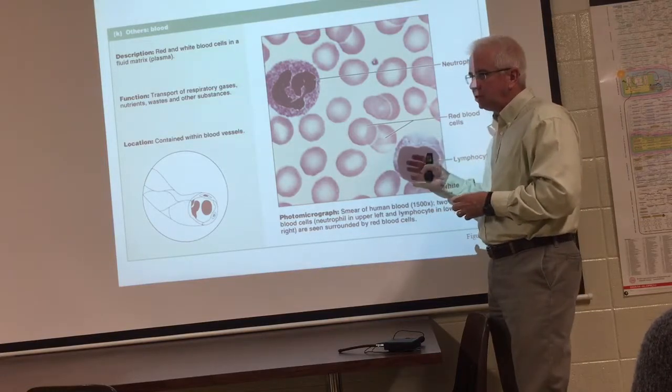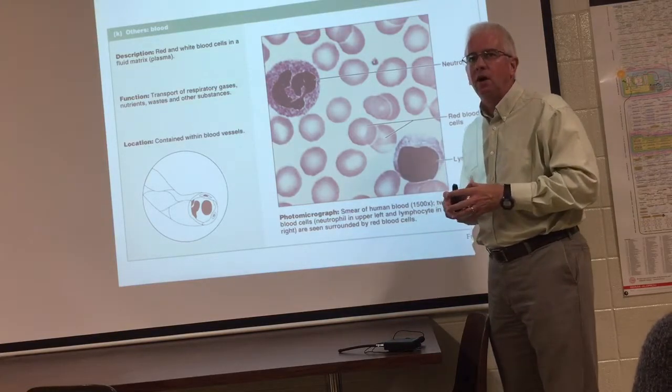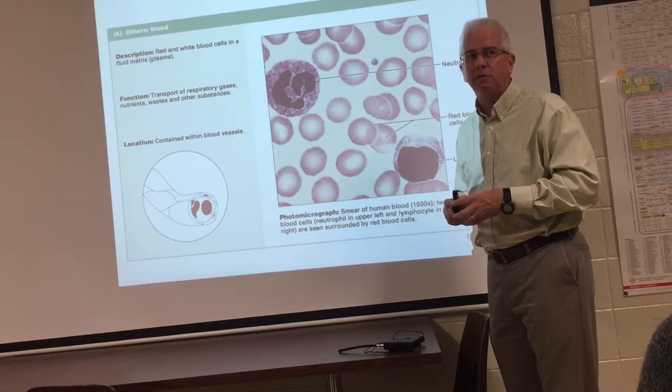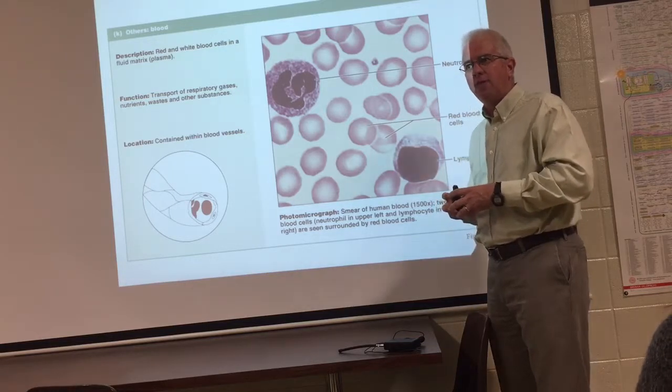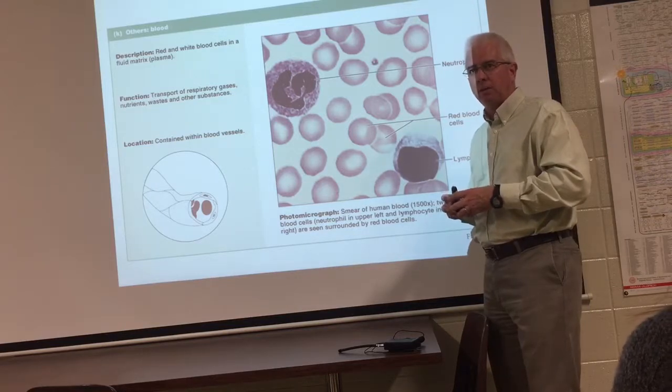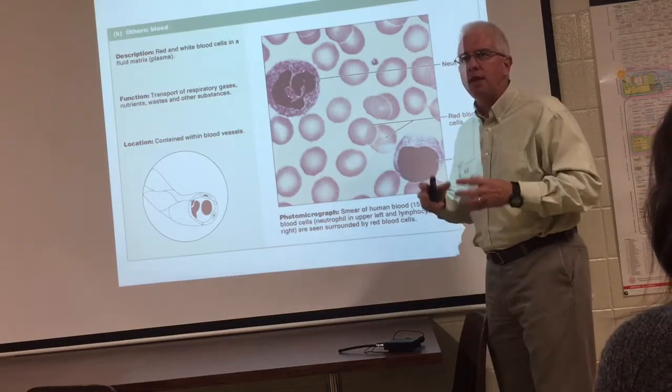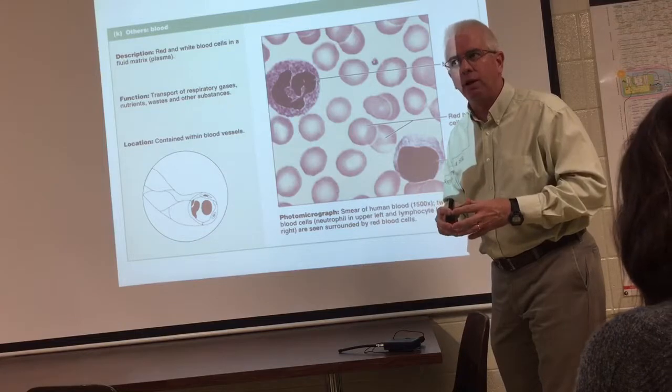And the cellular nature of blood comprises, on average, 45% of any given blood sample. And of that 45% of the blood sample, more than 90% of it is red blood cells.